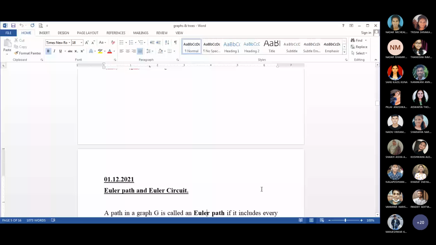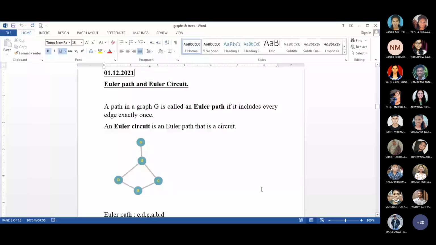Today we will start with the Euler path and Euler circuit. It is, you can say, IT के language में, an upgraded version of your path and circuit. What is a path?